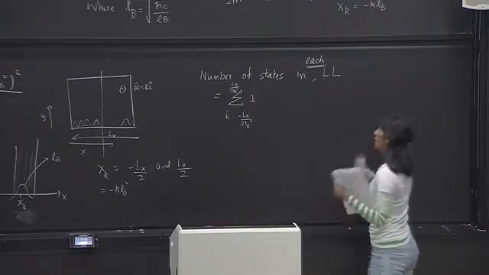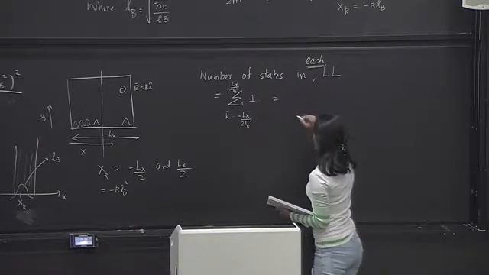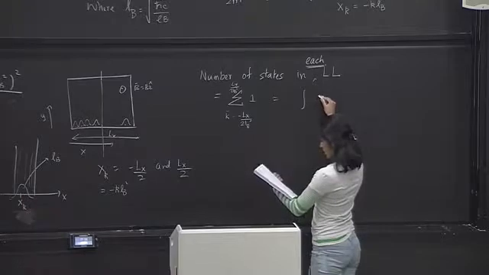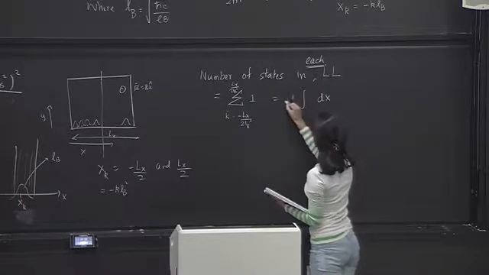So I just add 1 up for every state that's allowed, and it's in my cylinder, making this an integral dx.